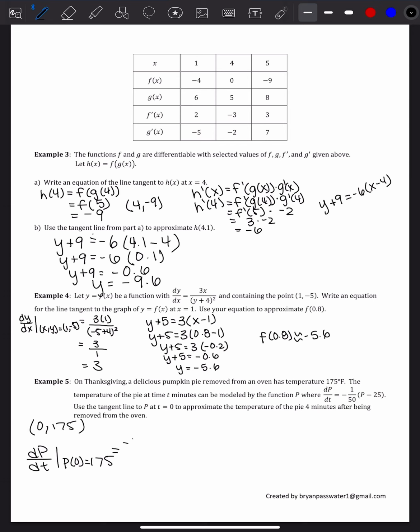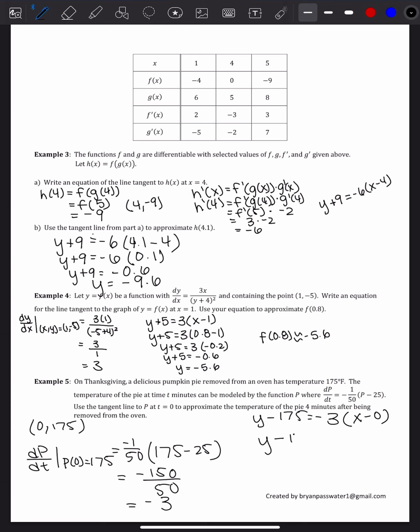So I have negative 1 over 50 times (175 minus 25). 175 minus 25 is 150, so we have negative 150 divided by 50, so negative 3. So our equation of a tangent line would look like y minus 175 equals negative 3 times (x minus 0), or just x. Now that we have this, we're going to plug in 4.